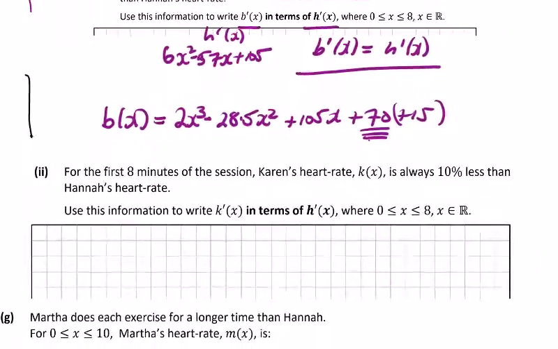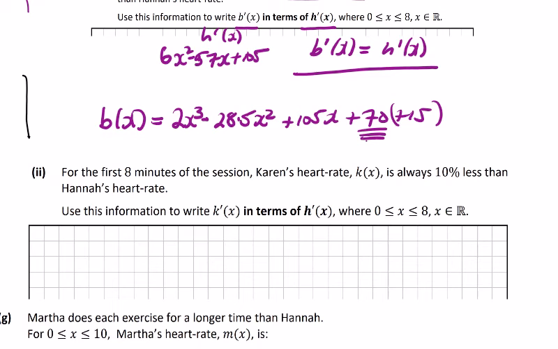Part 2 of F. For the first 8 minutes, Karen's heart rate is 10% less. Use this information to write k prime x in terms of h prime x. Well, k of x is going to be 10% less, so it's going to be 90%, 0.9 of the function 2x cubed minus 28.5x squared plus 105x plus 70.